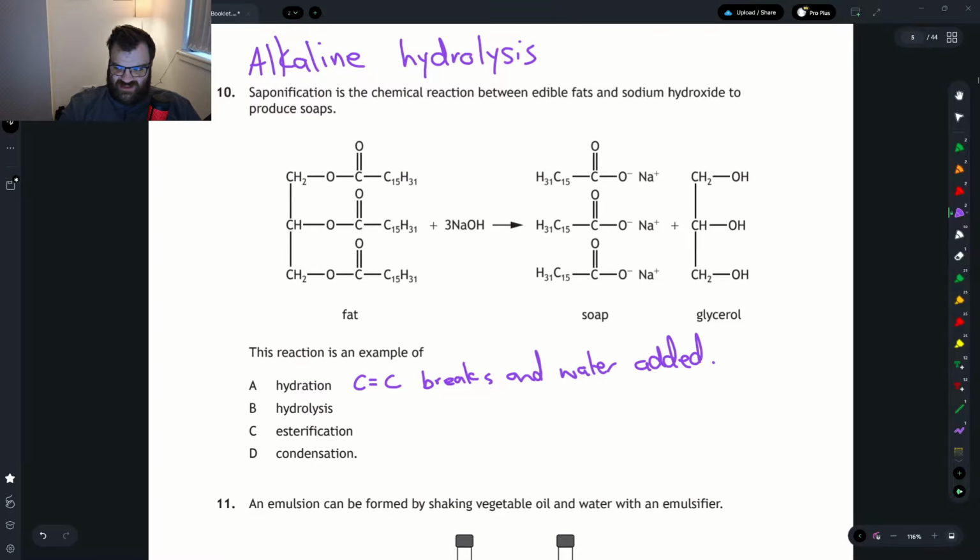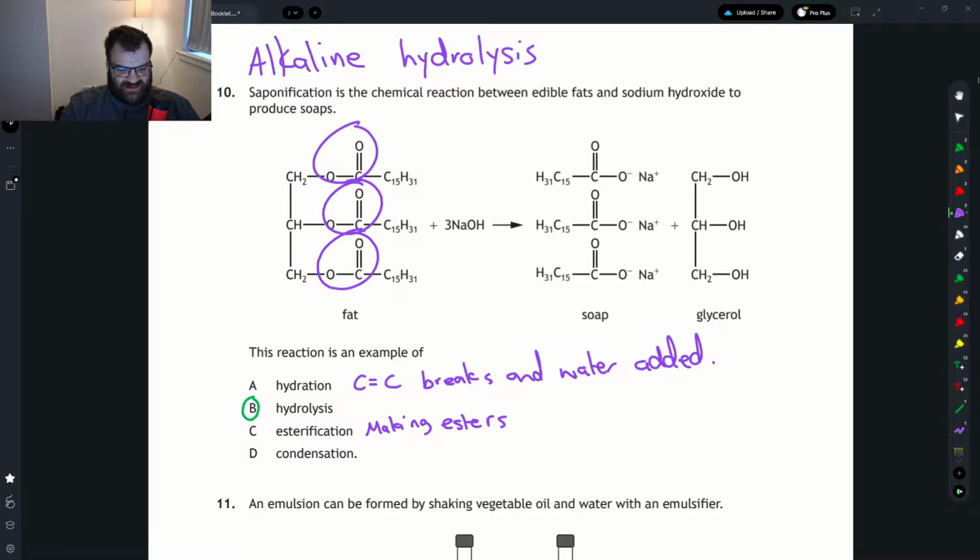Hydrolysis is how we split our fats and oils, and also how to break down an ester and proteins. Esterification and condensation. Well, esterification is making esters. We are breaking esters. And then condensation is making esters or proteins, so it's a more generalized term for that one.